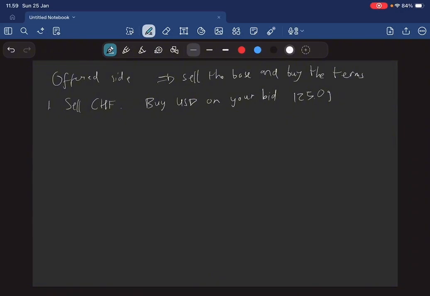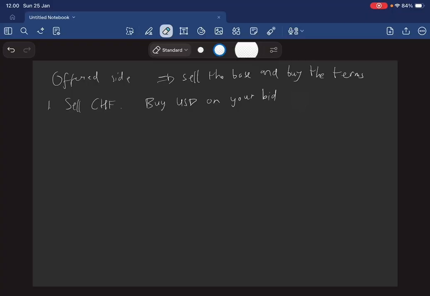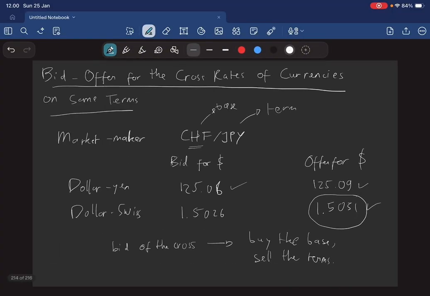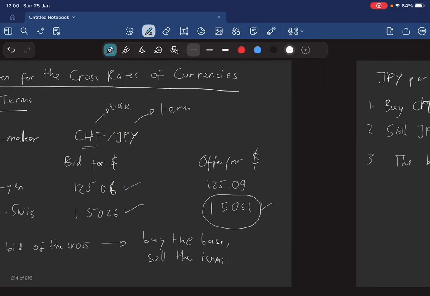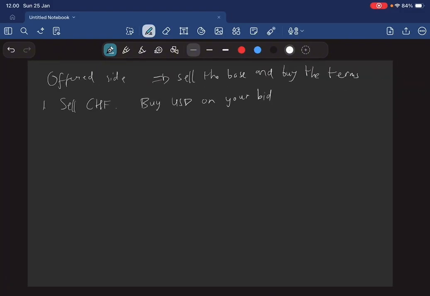Oh, sorry, no. The bid is not this one, this one. Yes, this is the bid on US dollar from our point of view, 1.5026.